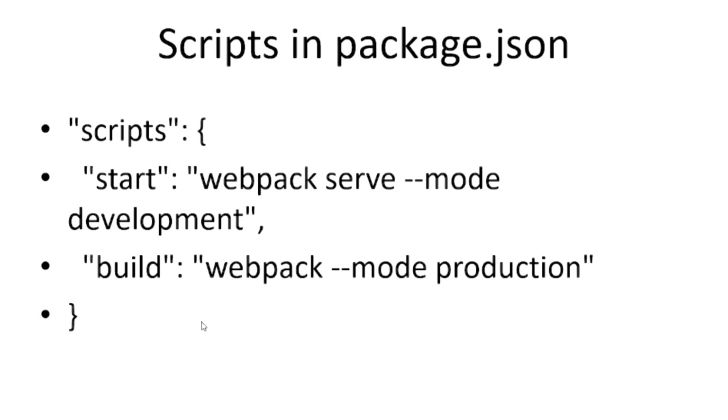This is the way we normally provide the mode, meaning which environment you are planning to run the command with. So in your package.json, define scripts for development and production. The start script uses Webpack dev server for live loading. The build script creates a production-ready bundle. Running npm start now launches your React app locally.